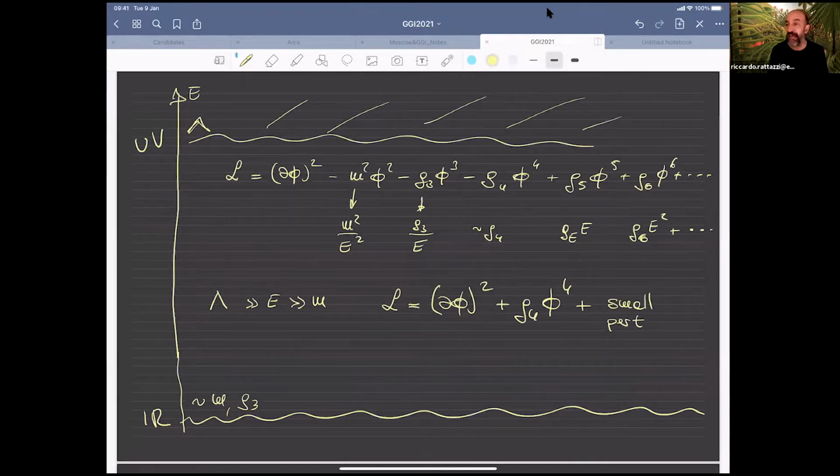All the other effects, either because they're dimension larger than 4 and they went down to 0, or because they're not yet large, these are the mass effects, are negligible in this intermediate range. So in the intermediate range, you have just essentially this.